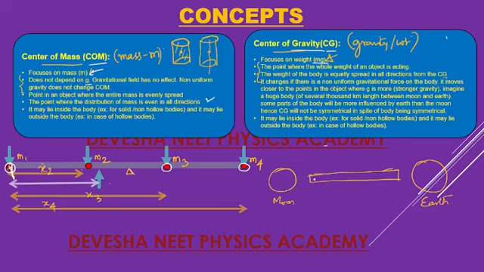Imagine these are the masses on this object which are closer to the moon, so they'll be more influenced by the moon compared to the earth. But these points on the same object will be more influenced by the earth compared to the moon. So now, where will the CG be in this case?